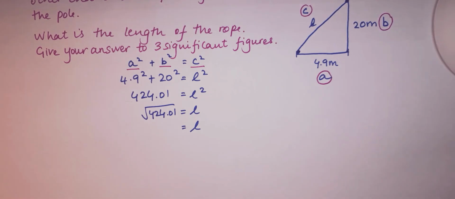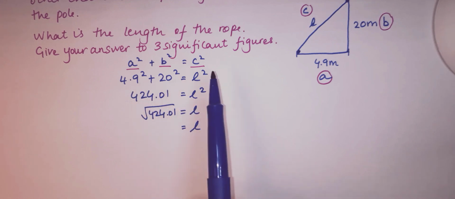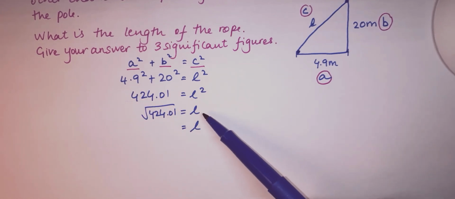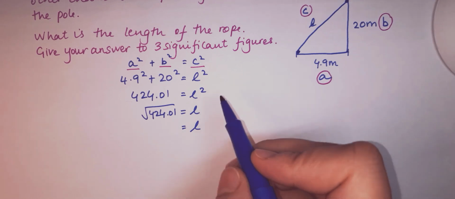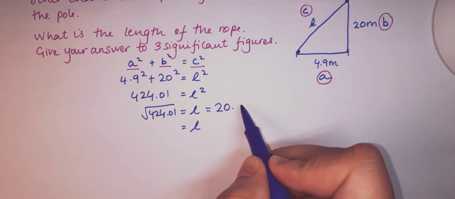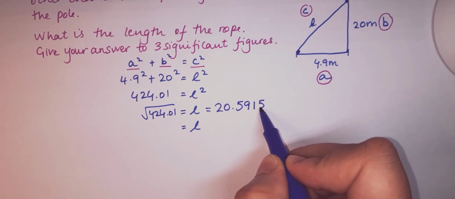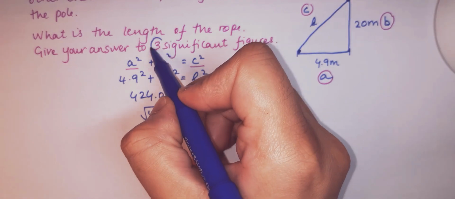So once we've substituted into the equation, 4.9 squared plus 20 squared equals L squared, and we've rooted it, we get an answer of 20.5915031. Now the question says give your answer to 3 significant figures.